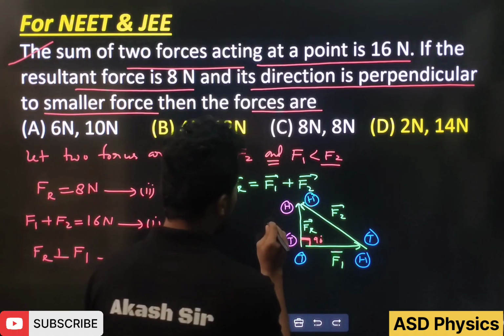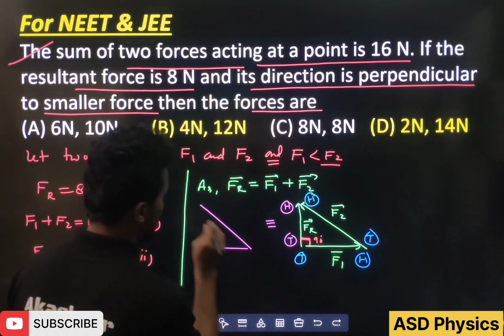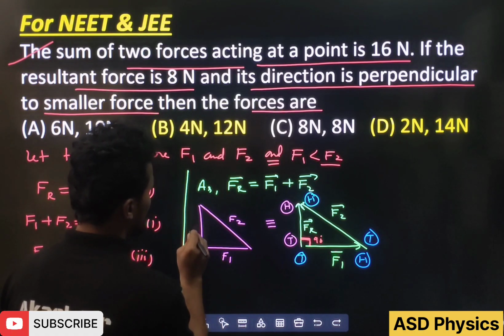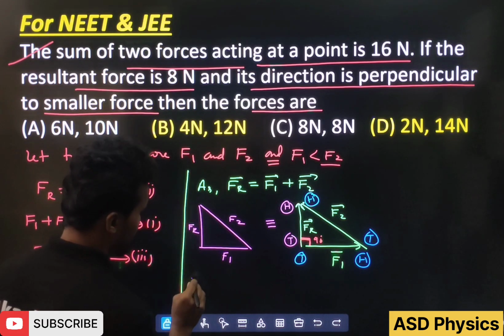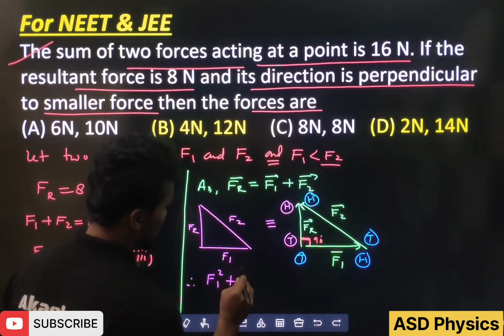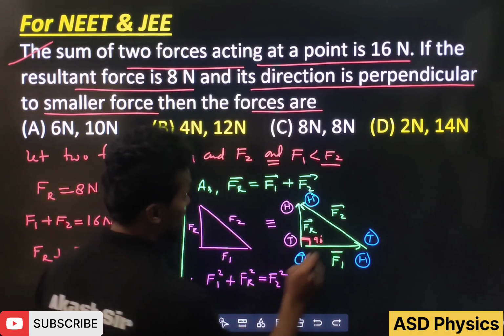If I draw the triangle, only a pure triangle like this, this is F2, this is F1, and this is FR. From the Pythagoras theorem we can write F1 square plus FR square is equal to F2 square.